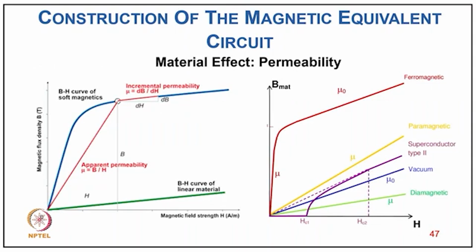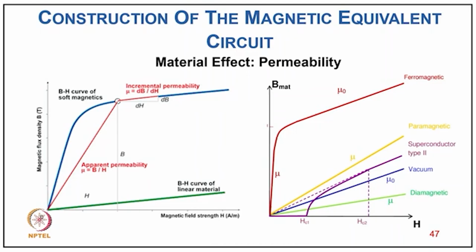So this is a typical example of how material affects permeability, and how you define the magnetic flux density with the magnetic field strength, for the non-linear portion and the linear portion. For the non-linear portion, we express it especially with the apparent permeability as well as the incremental permeability.